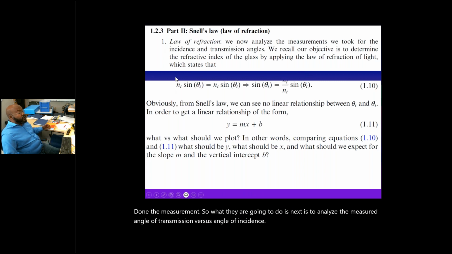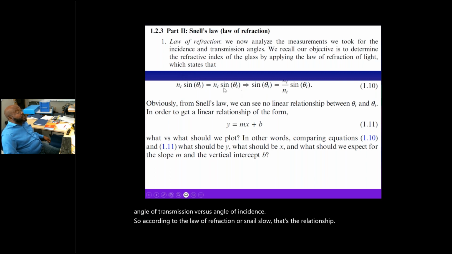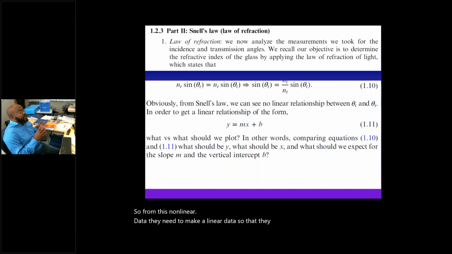So according to the law of refraction, or Snell's law, that's the relationship. And obviously this is not a linear relationship. So from this nonlinear data, they need to make linear data so that they can analyze their data graphically.